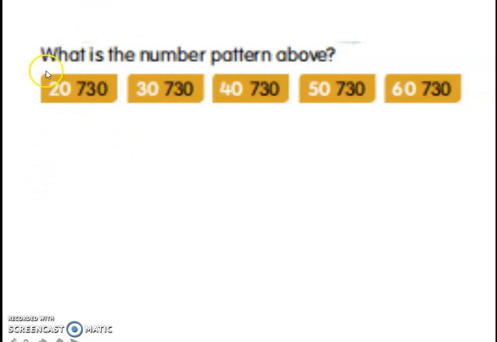We find two numbers and then we use the bigger one to minus the smaller one. 30,730 minus 20,730. The answer is 10,000.